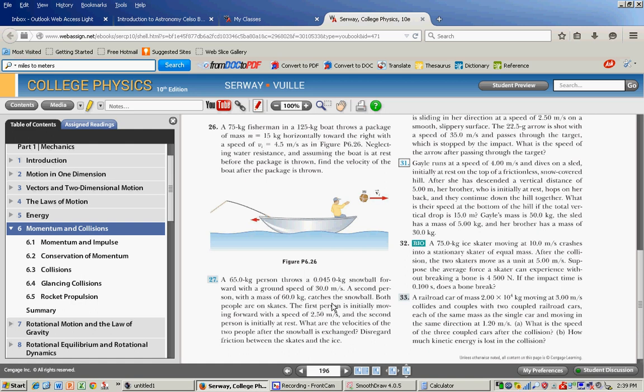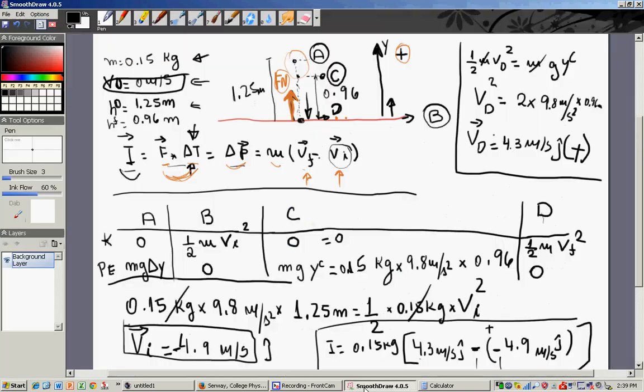Both people are on skates. And down here it said disregard friction between the skates and the ice. The first person is initially moving with the velocity 2.5 meters per second. The second person is not moving. What are the velocities of the two people after the snowball is exchanged? Okay, so let's work on that.